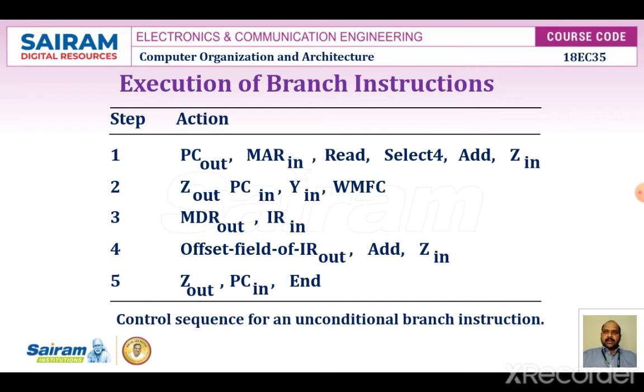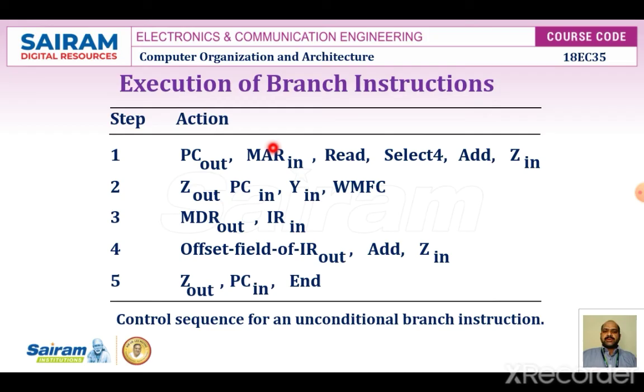As we have seen in the previous videos for the execution of a sequence of control instructions, here also the first three steps constitute the fetch cycle. The first step is the instruction fetch, which is initiated by the program counter loading its content into the memory address register.